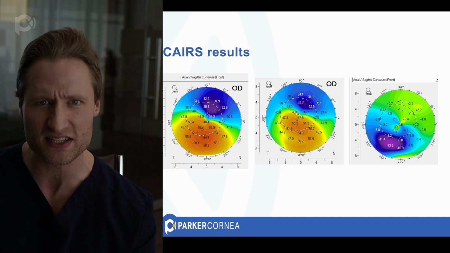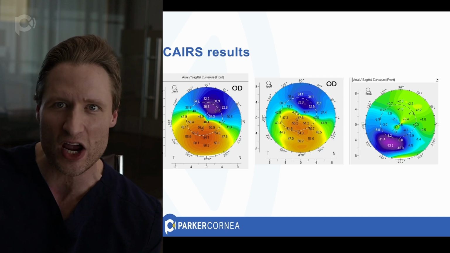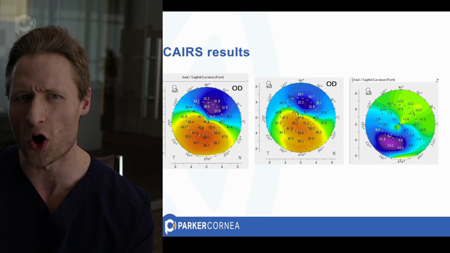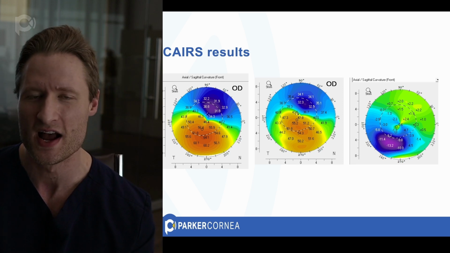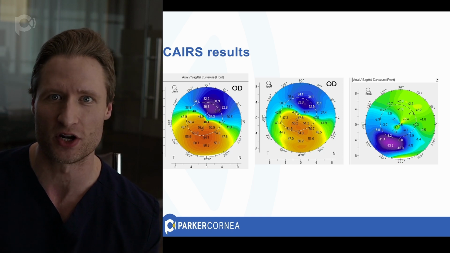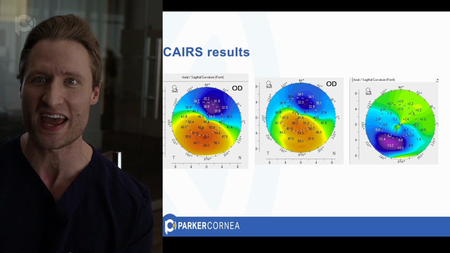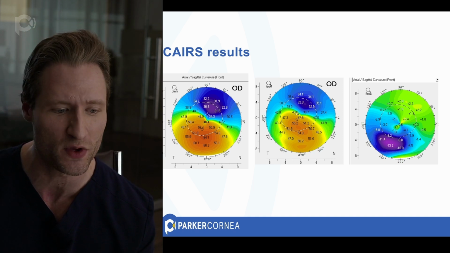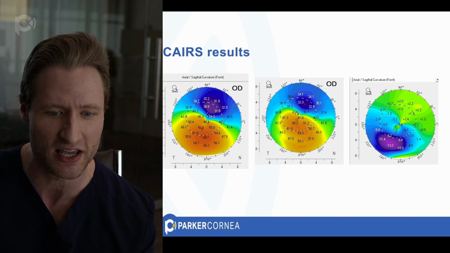So a drastic regularization of the shape of the cornea following CAIRS insertion. This is the only procedure that I know of that can change the shape of the cornea that drastically. Just imagine if you had a K-max of 58 and someone told you tomorrow it can be 45, are you interested? The answer is obviously yes.